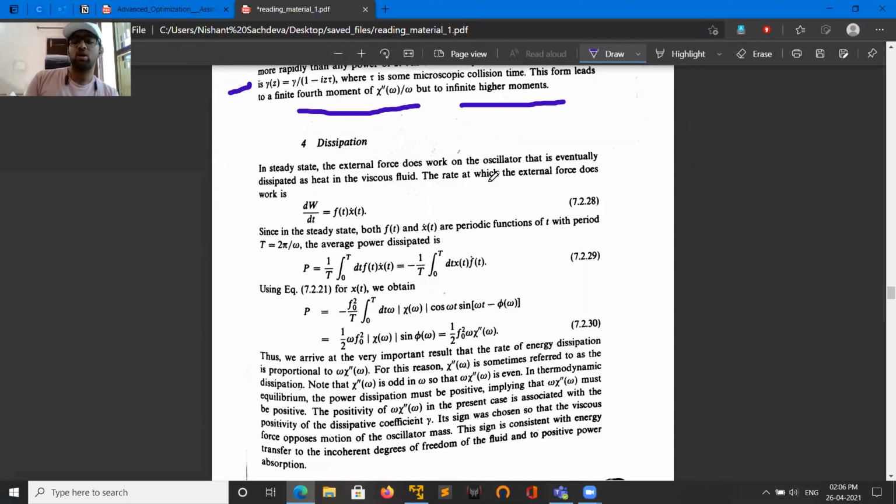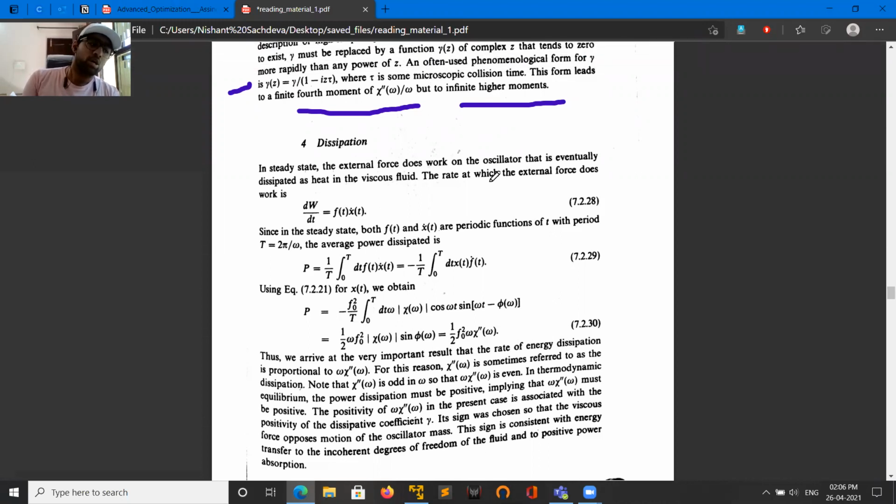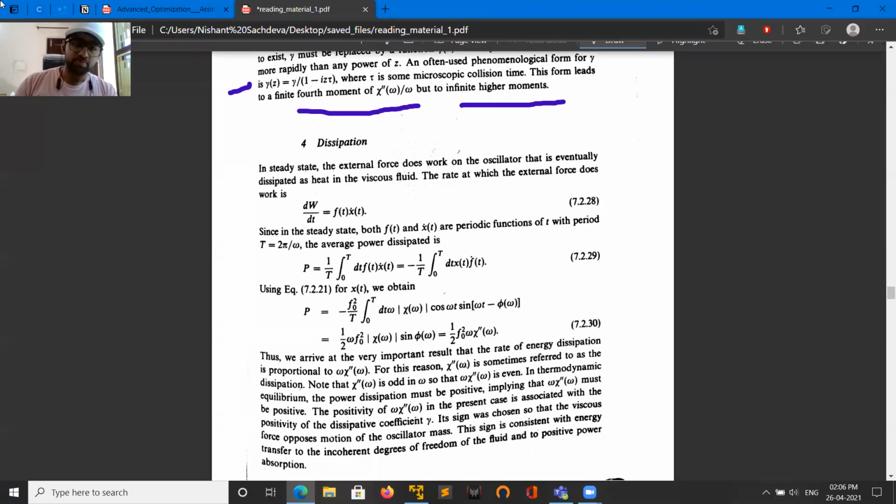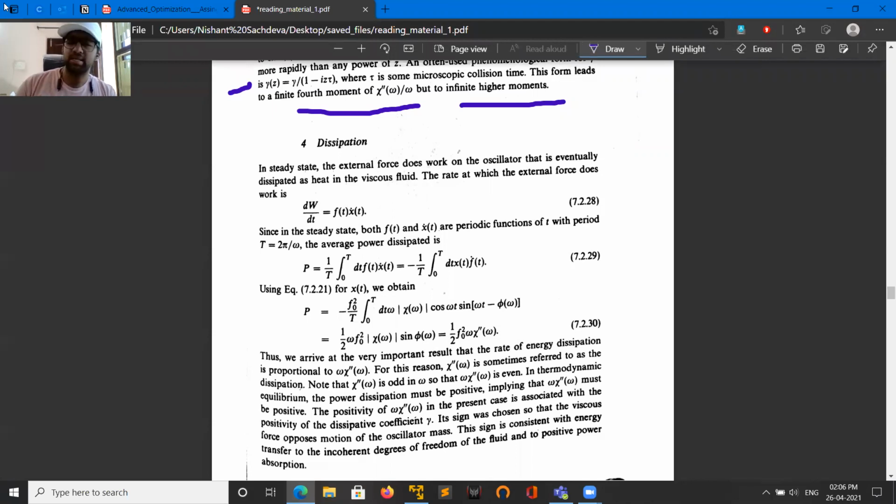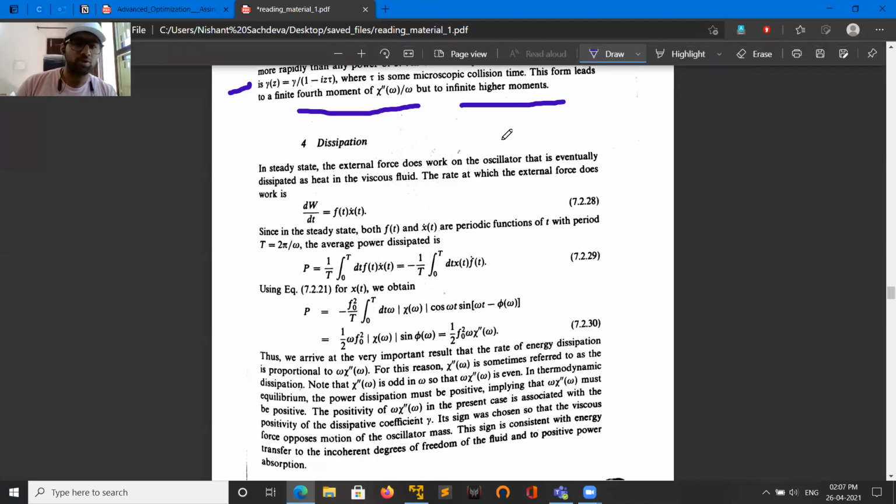Dissipation is basically how energy gets lost in a frictional medium by a box that's moving, or a ball of radius a that's moving. In steady state, we know that the external force does work on the oscillator, which is eventually dissipated as heat in the viscous fluid. That's fine.